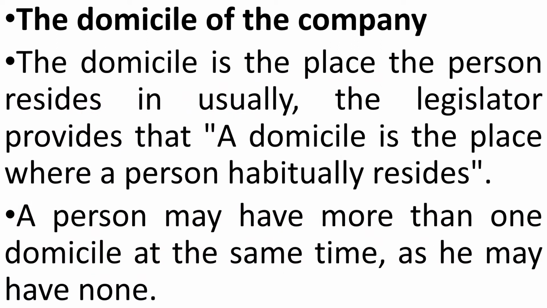Third effect of the company contract, the domicile of the company. Domicile means the place or location where the company operates. A person may have more than one domicile at the same time, as he may have none.